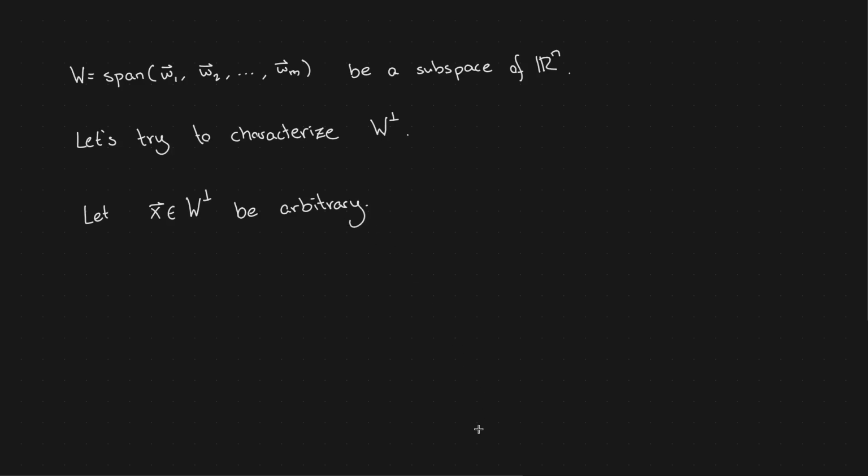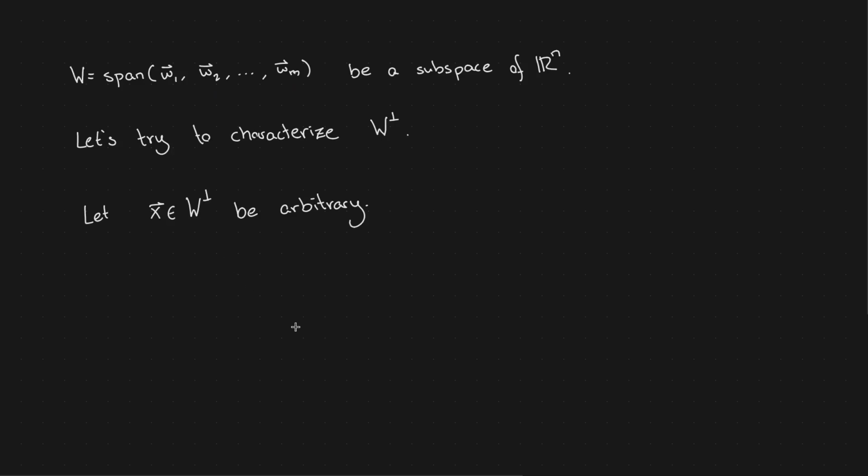Now, what do we know about this? We know that every vector in the orthogonal complement is orthogonal to every vector in W. In particular, all of these vectors, and only these vectors, are orthogonal to every vector in any spanning set of W, including our spanning set W1, W2 to Wm.